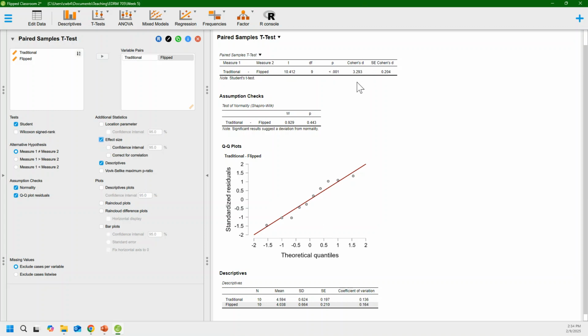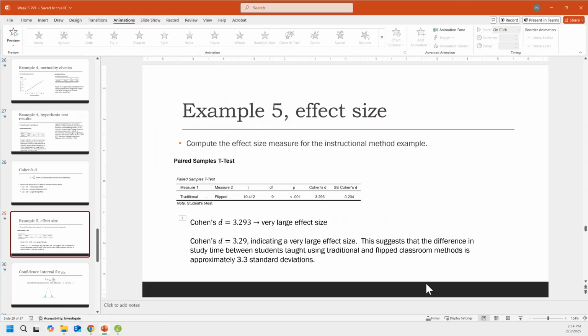That tells us that we should never use the independent samples t-test in cases where we should use our paired samples t-test. We need to actually use the dependency because we can't see that effect.